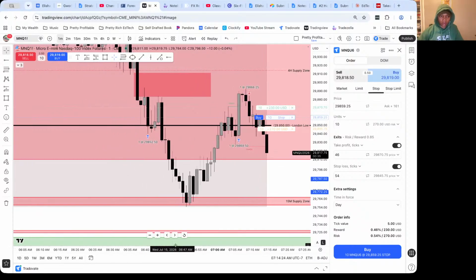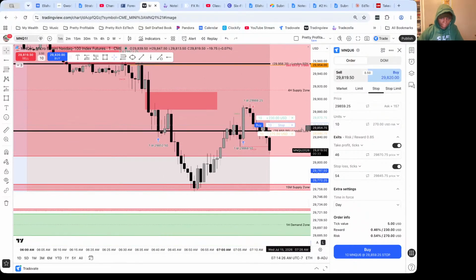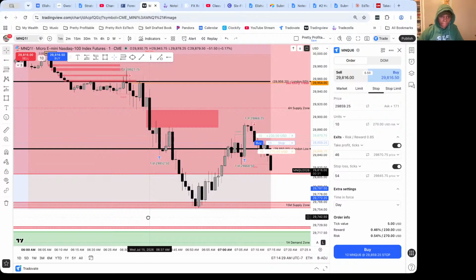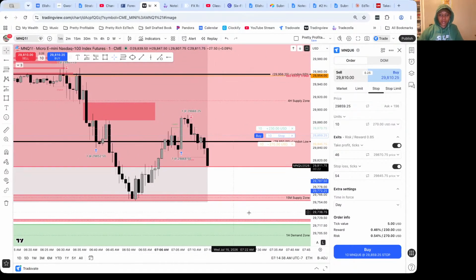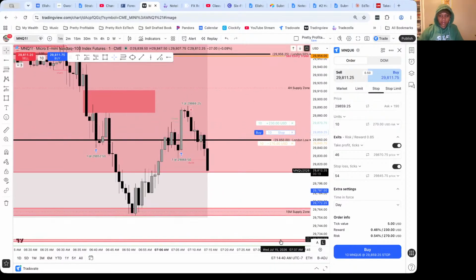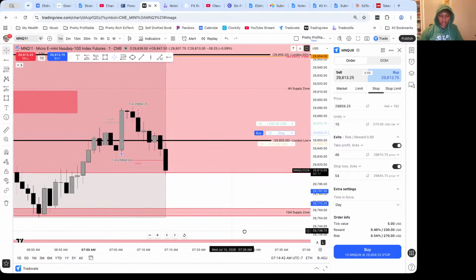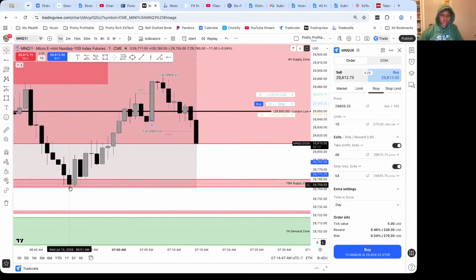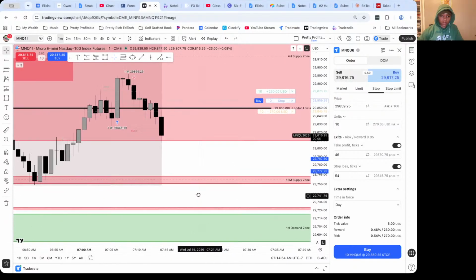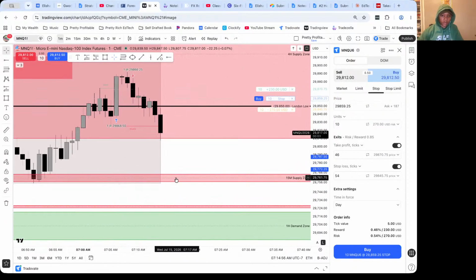Where's my last entry at? Okay, so this zone was respected last time. So potentially, let's see if price respects this zone.